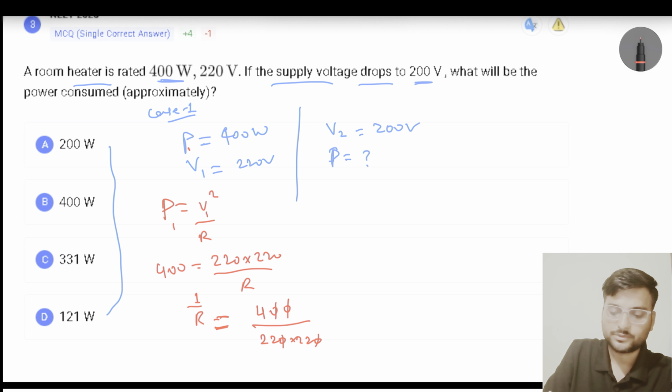Zero cancels out, zero cancels out, this is 11 and 11. So R is equal to 121 ohm. We are getting R is equal to 121 ohm.